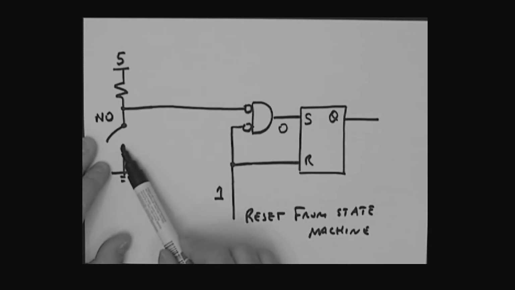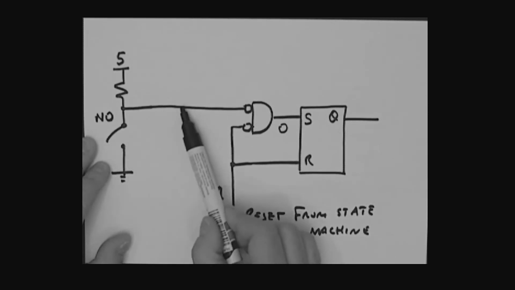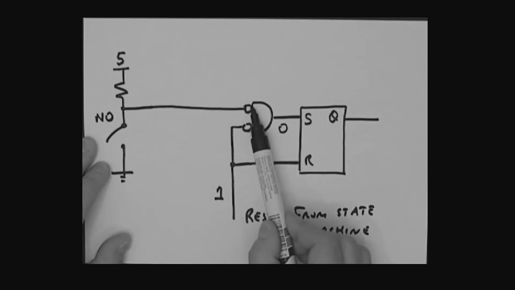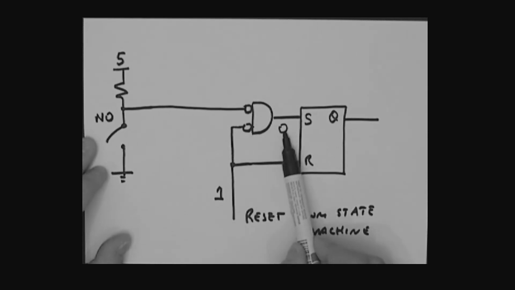So if this button was pressed, that's a 0 sitting here, a 1 on the other side of that AND gate. But if this were a 1 here, it forces a 0 on this side, forces S to be a 0. Now, we're about finished with this particular part.